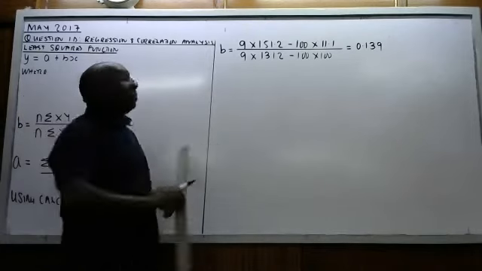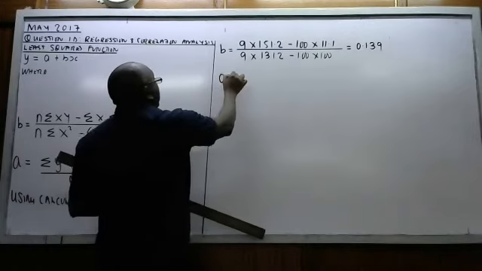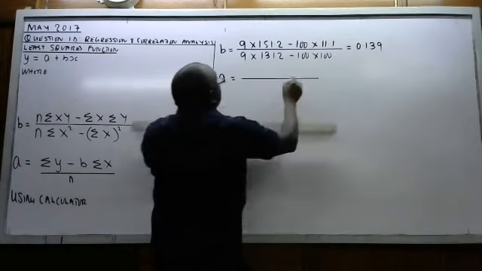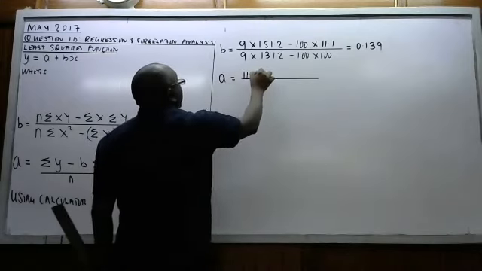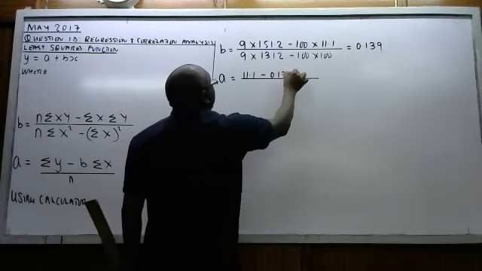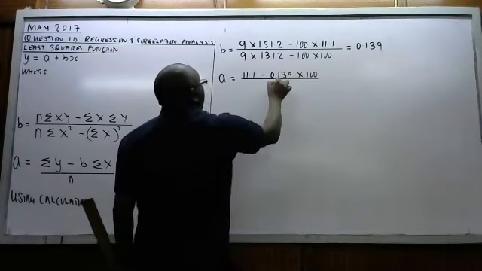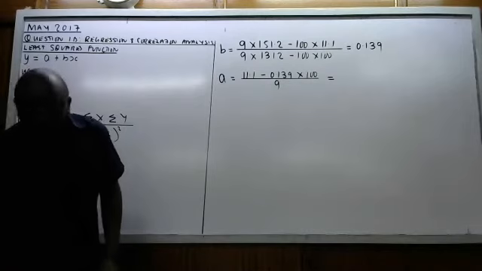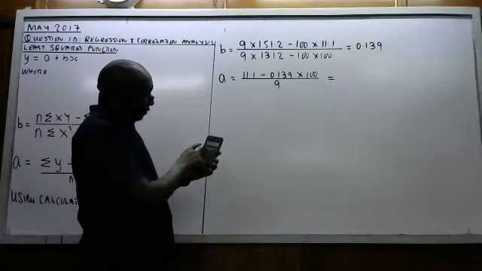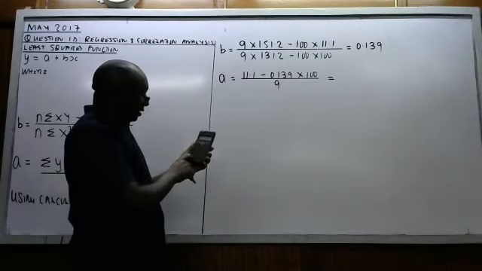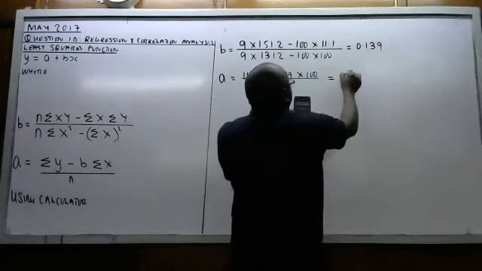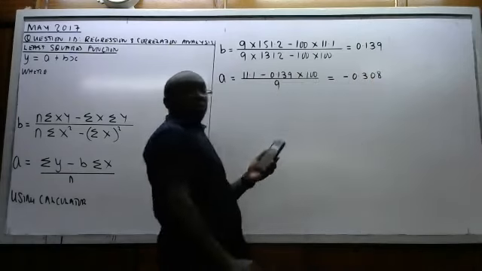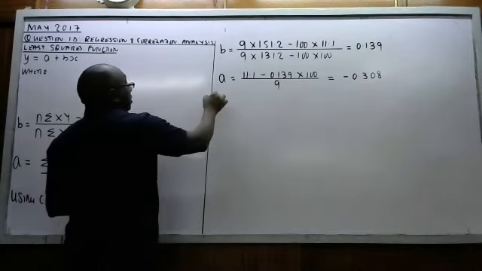And then for the value of a, it is 11.1 minus 0.139 times 100, divided by 9. And then you say shift button number 2, you replace where there is A. I'm getting minus 0.308 if I'm working to 3 decimals.